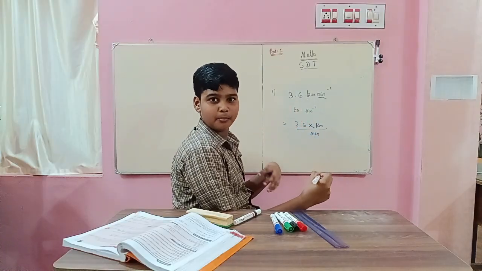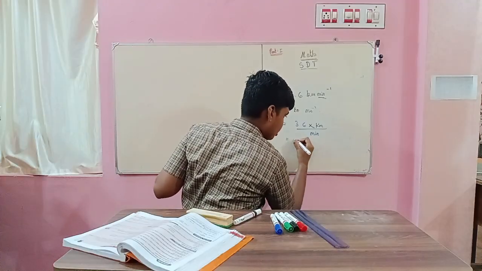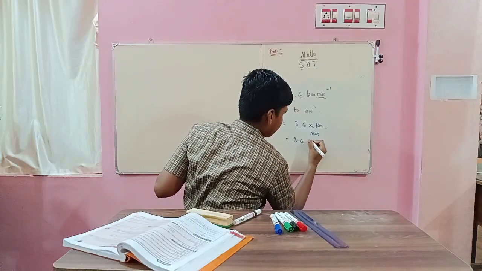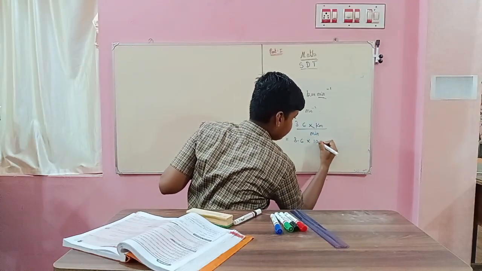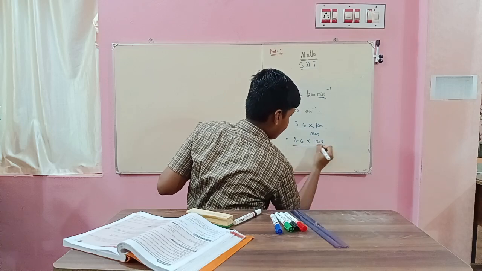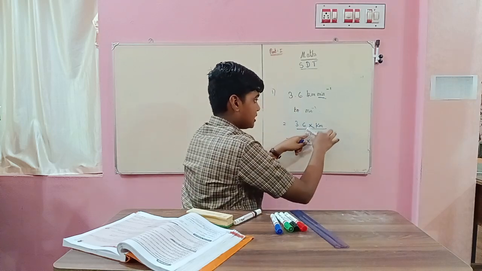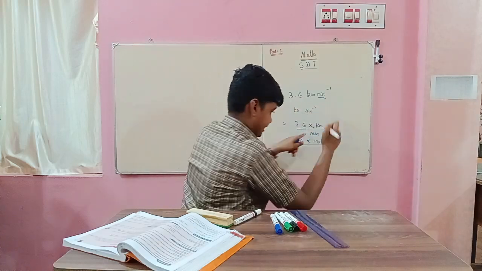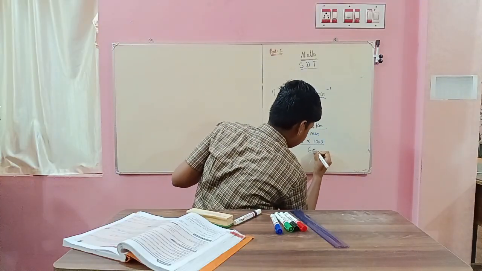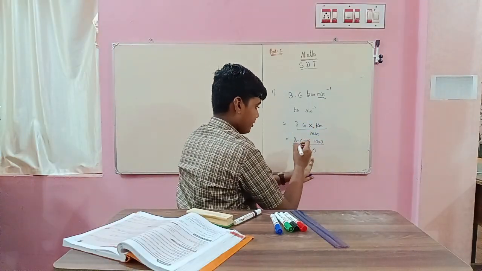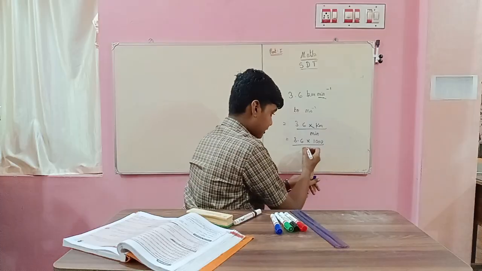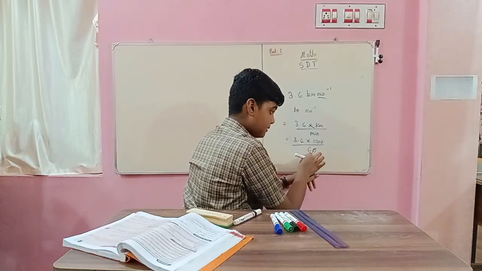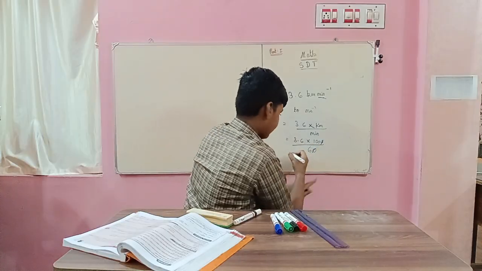You understood, right? It is equal to 3.6 by 1000 meter by 1 minute is 60 seconds, 60 by 60. Here, please don't cancel these and these, cancel these zeros. I will tell what.